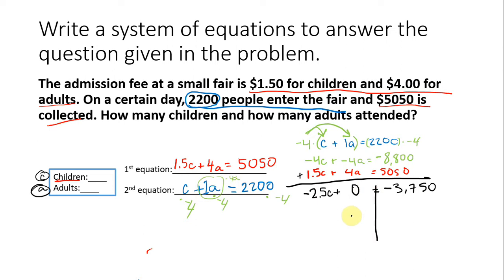So negative 2.5C is equal to negative 3,750. Then I'm going to divide both by negative 2.5, and you can do this in your calculator. And I'll get that C, the number of children, is equal to positive, because my negatives cancel, positive 1,500.